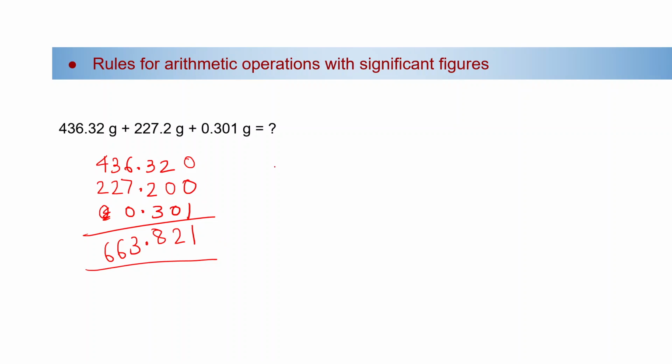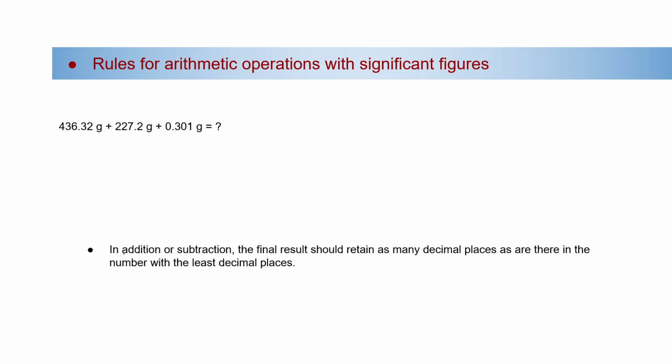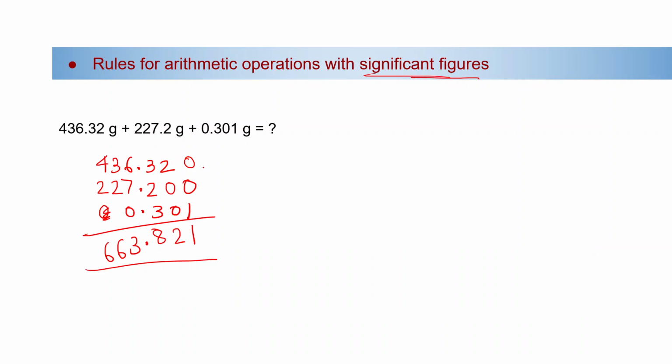So simply by doing the maths, I'll get the value like this. But again, we have to keep in mind the concept of significant figures. So how should we round it off? For addition, the rule says that in addition or subtraction, the final result should retain as many decimal places as are there in the number with the least decimal places.